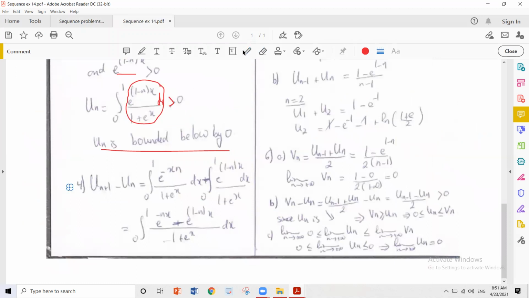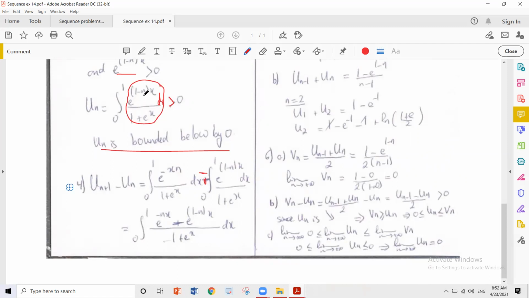So here, part 4: U(n+1) minus Un. In U(n+1), I replace n by n plus 1, so it becomes the integral of e to the minus (n+1)x over 1 plus e to the x, minus the integral of e to the 1 minus nx dx over 1 plus e to the x.